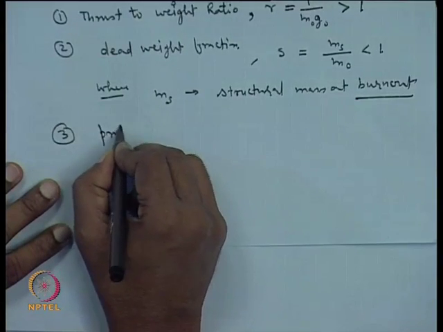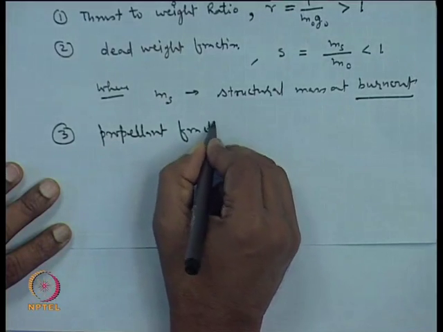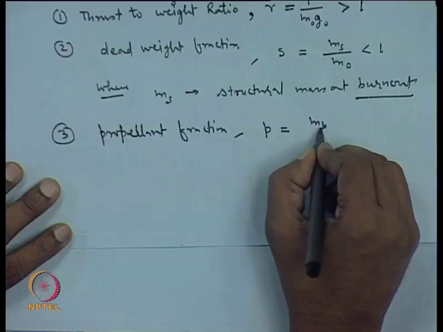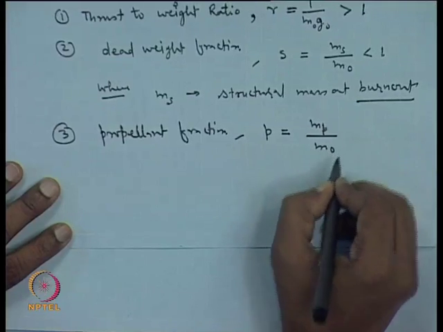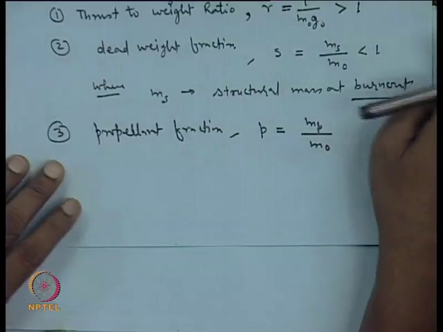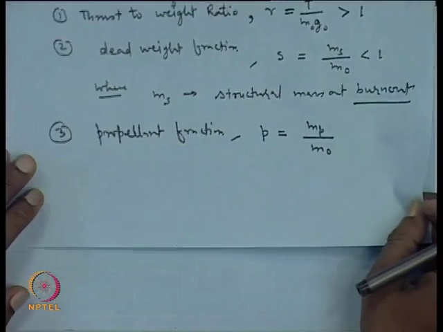Then we define propellant fraction P as m_p by m_0. M_0 is the initial mass. This includes the total thing, the structural mass plus the propellants plus the payload.